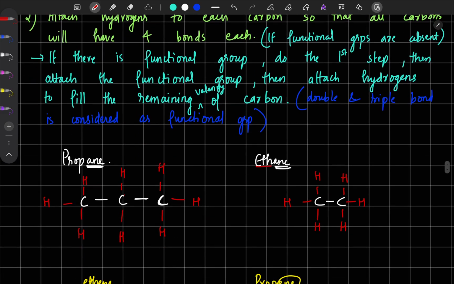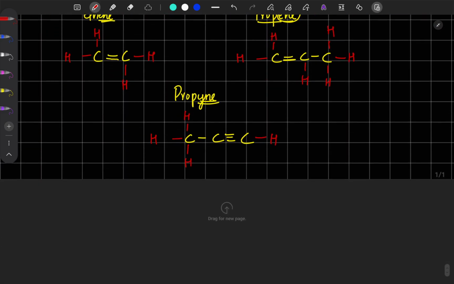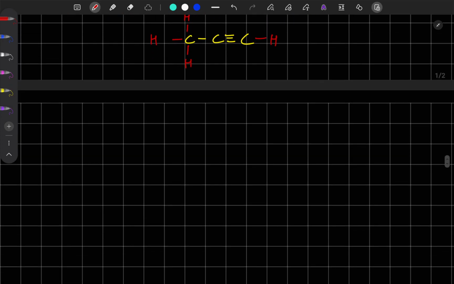Now we can move on to functional group containing compounds. So let us draw. I'll change the color. Let us look at other functional groups. That means chloro, alcohol, aldehyde, all those things we can do.